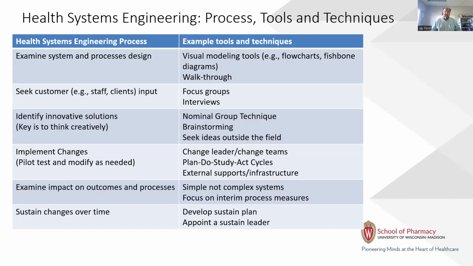The processes that we're going to talk about today are examining system and process design, seeking customer input, identifying innovative solutions, implementing changes, examining the impact on outcomes and processes, and then sustaining these changes over time. I'm going to talk about these as we go forward, but I want to start with a little bit more of a story.